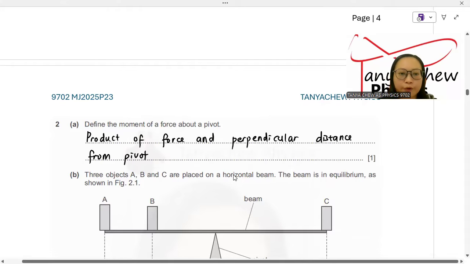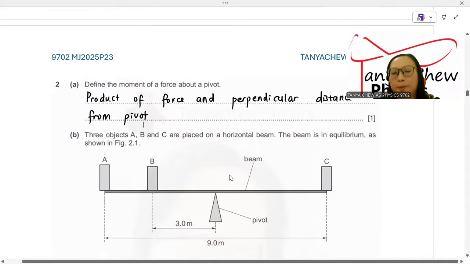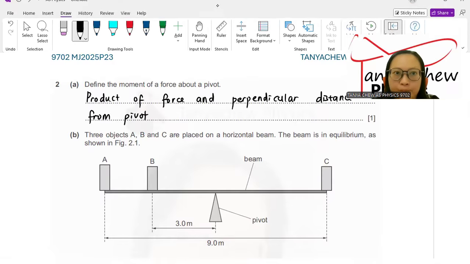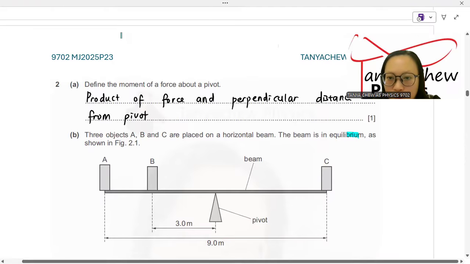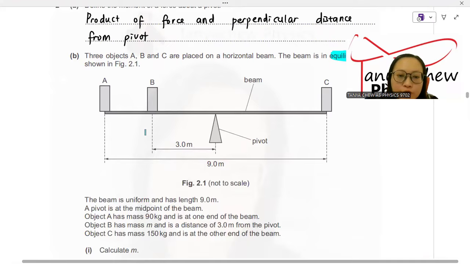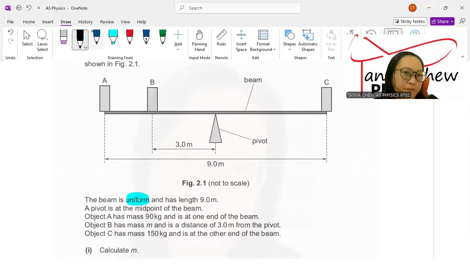B, three objects, A, B, and C, are placed on a horizontal beam. The beam is in equilibrium as shown in Fig 2.1. The beam is uniform. Uniform means that the center of gravity of the beam acts at the center point of the length of the beam.